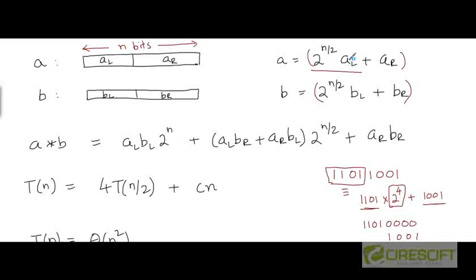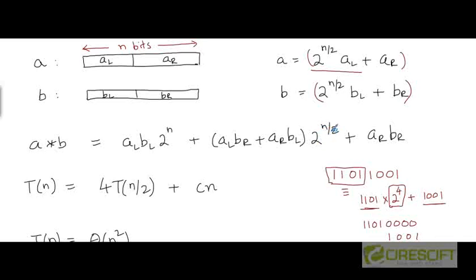The second term will be a sub l multiplied by b sub r multiplied by 2 to the power n by 2. So if we take the first term here and multiply it with the second term here, we'll get a sub l b sub r times 2 to the power n by 2. Similarly, if we take the second term here and multiply it with the first term here, we'll get a sub r multiplied by b sub l, the whole thing multiplied with 2 to the power n by 2.